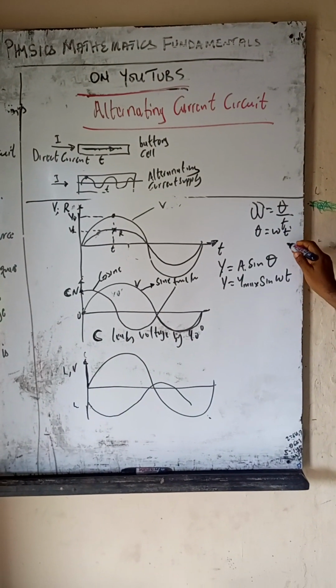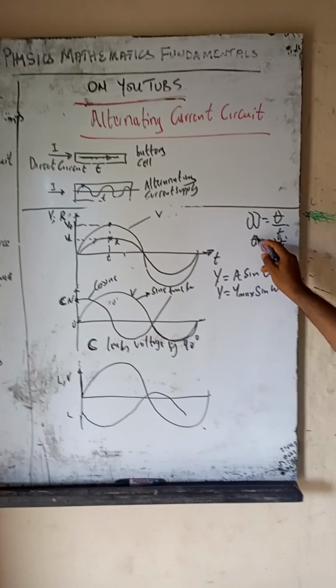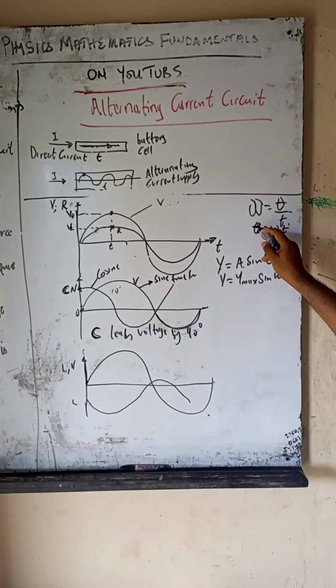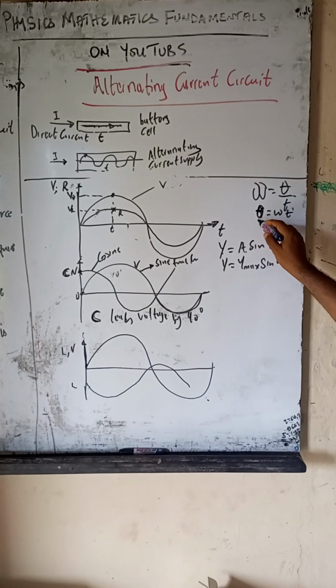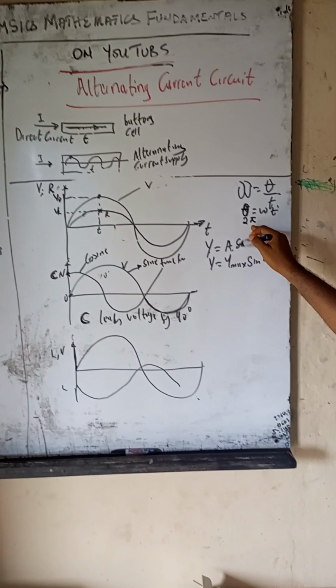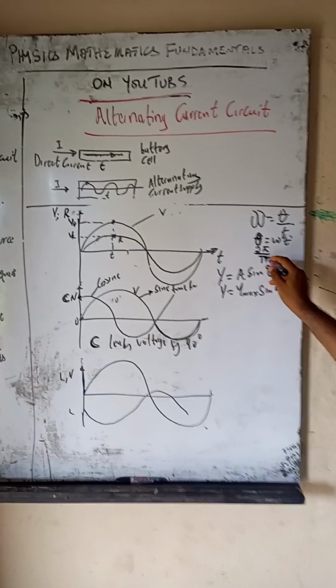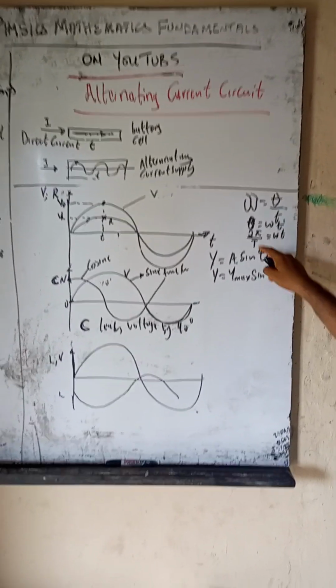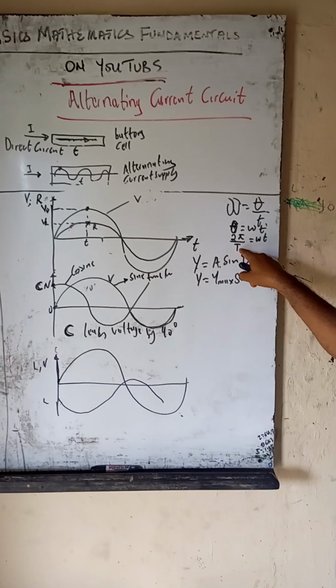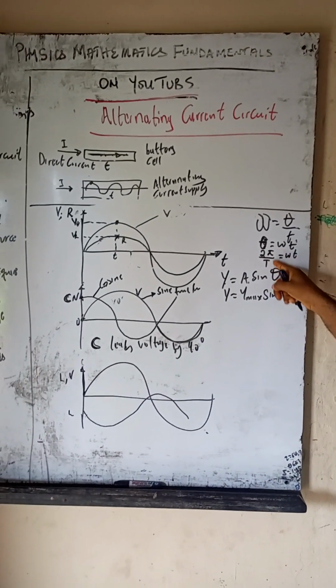And then we know that this omega, over this particular angular displacement, can also be written as 2 pi, that's for full cycle angle, divided by the period. So we have 2 pi divided by T. This 1 over T is a frequency.